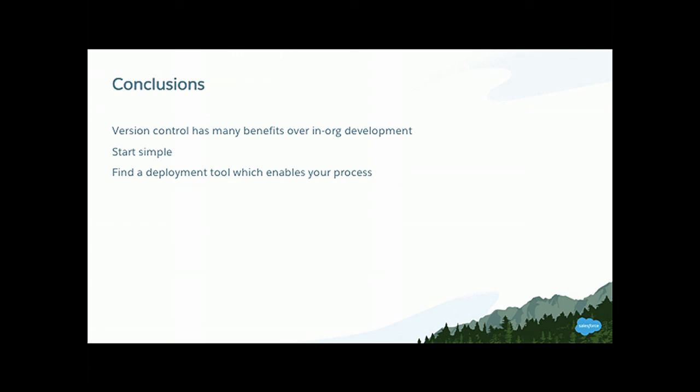And find a deployment tool. So whatever process you adopt, make sure your whole team adopts it. Don't incentivize people to stay outside the process. Don't make it difficult for people to adopt the process. Make sure that it works for your whole team, because you definitely don't want that schism, two different ways of working. Once you get everyone working together, the version control system becomes a really, really good way to collaborate.